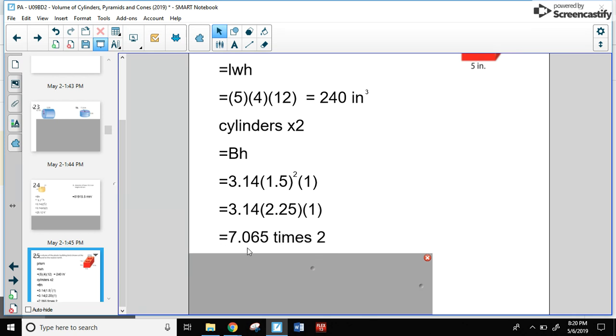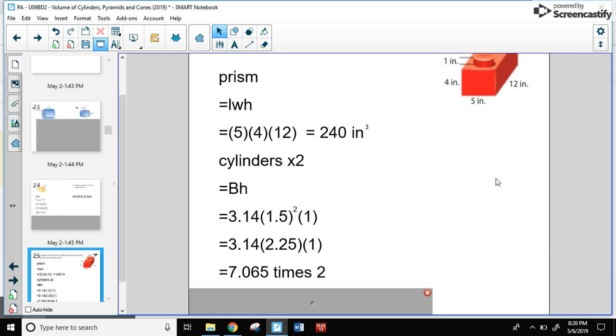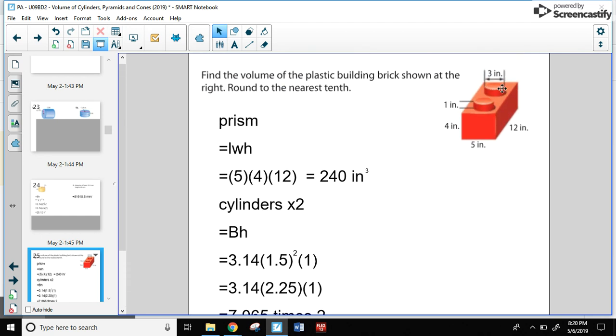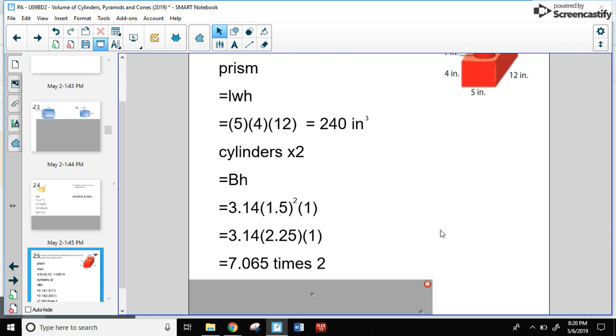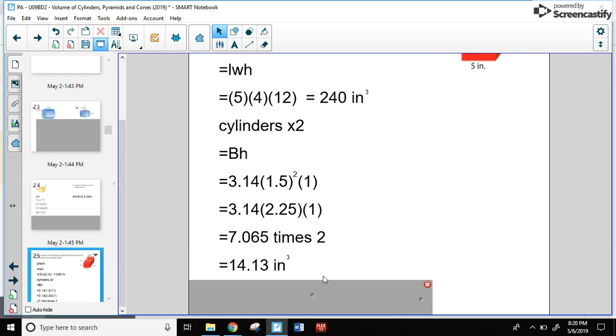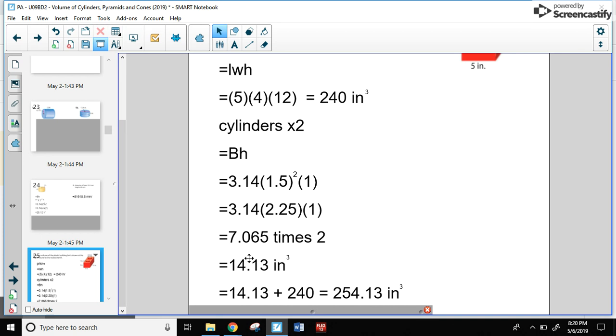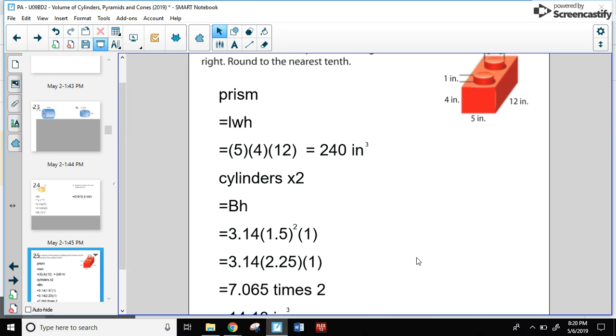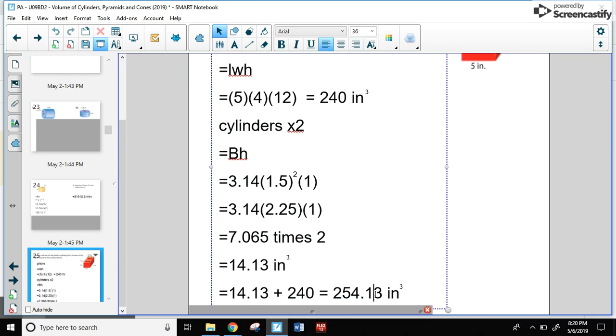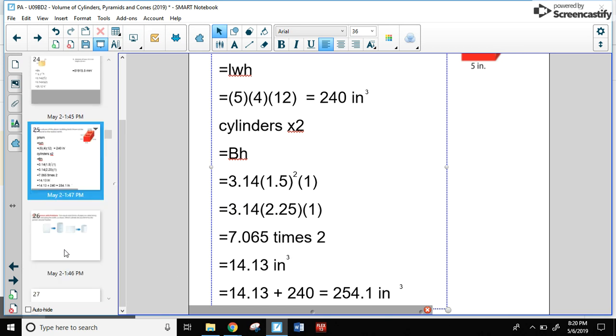Then I end up with 7.065, but I've got two little dots up here. So I multiply that by 2, and I get 14.13. So I add what I have, my two cylinders, 14.13, plus my prism, 240, and that gives me 254.13 inches cubed. And I should have rounded to the tenth, which would have given me 0.1 instead of 0.3.